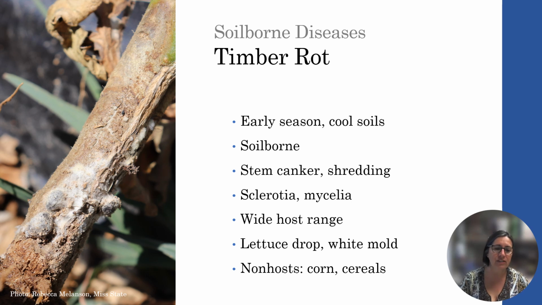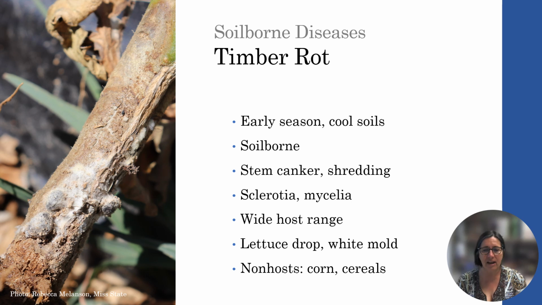It lives its life in the soil, just like other soil-borne pathogens we've talked about so far. And then stem cankers develop right at or right above the soil line. Once infection occurs, there's not just that canker, but what we call shredding. So the stem will start cracking in more longitudinal type cracking.